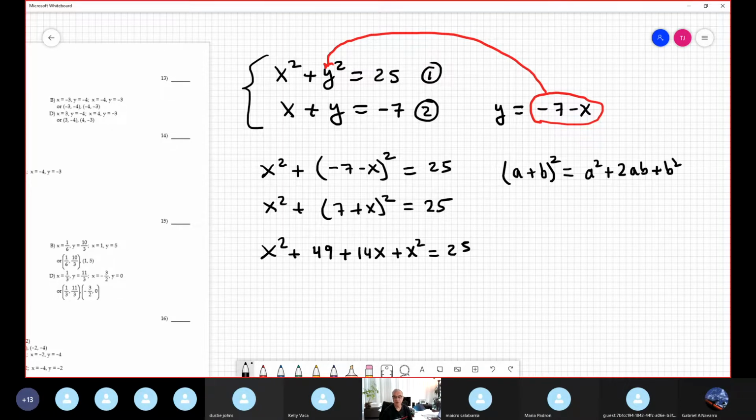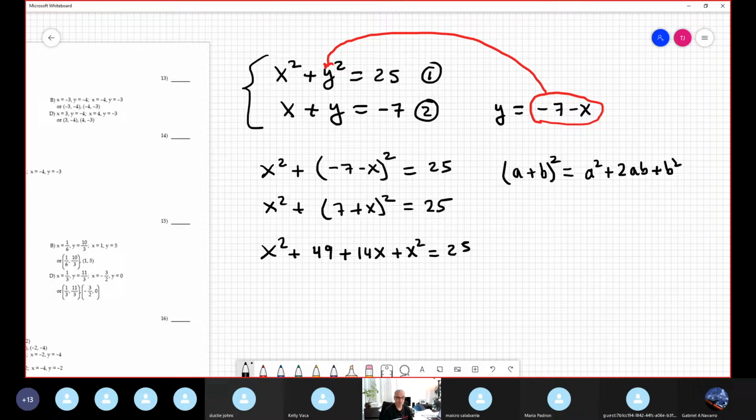It's a formula, so you don't need to do a full FOIL. Square the first to get 7 squared, plus 2 times the multiplication of both, which is 7 times x times 2, is 14x, plus the square of the second, x squared.